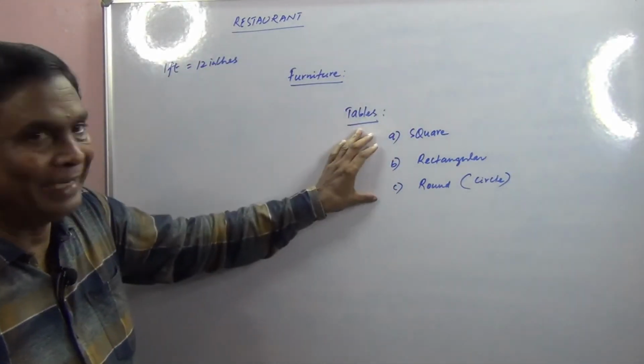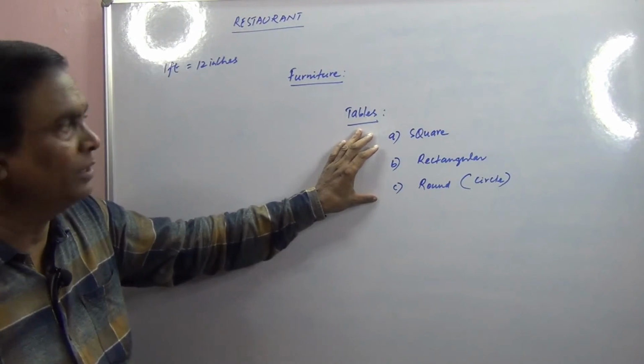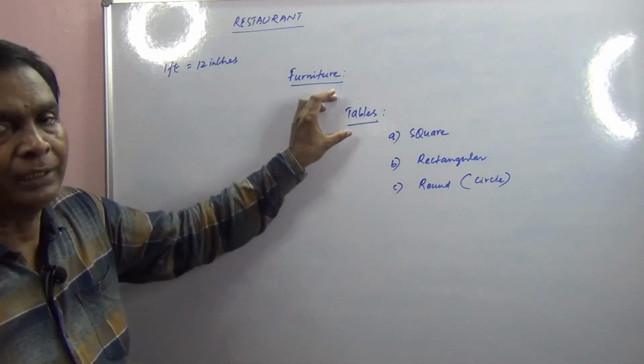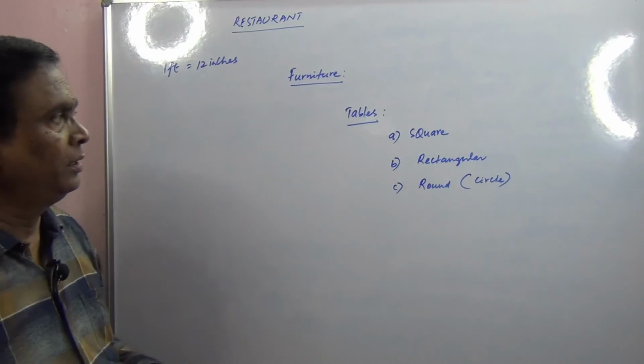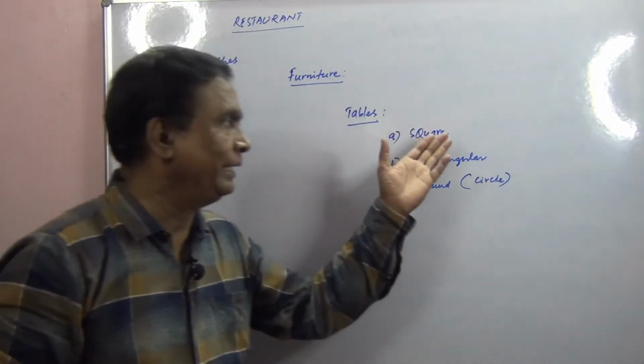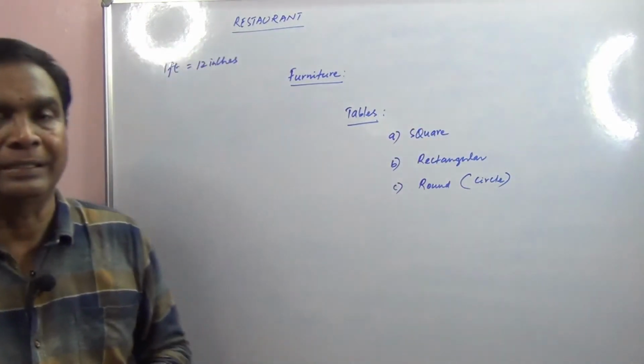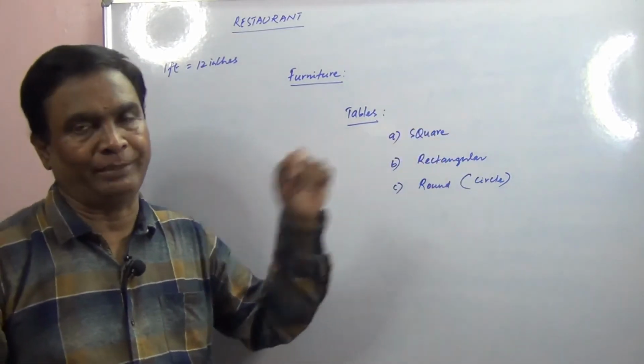So these are three different types of tables that are used in a restaurant. Now we have to find out the sizes of each and every table.